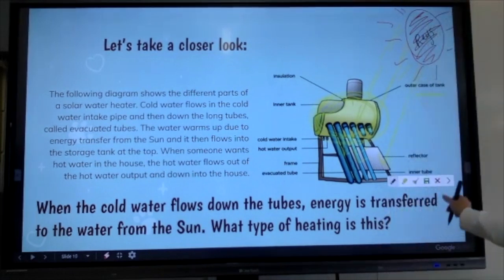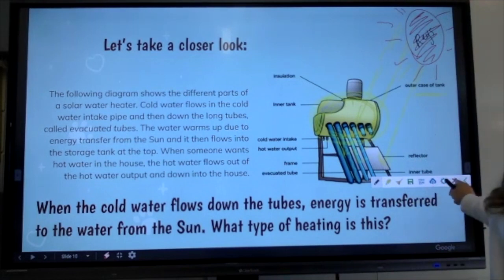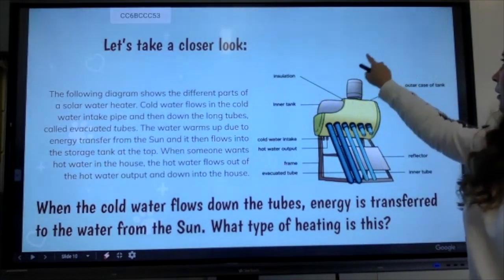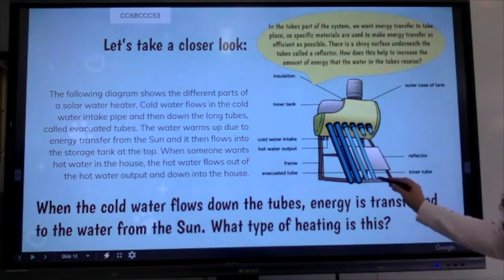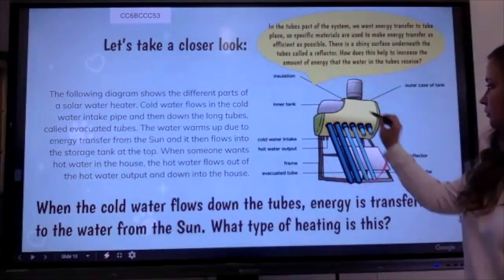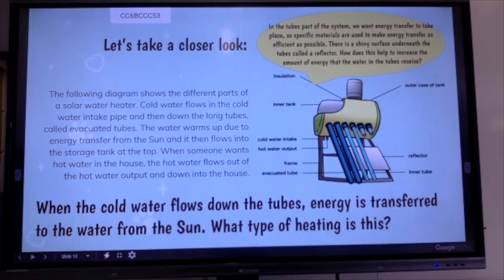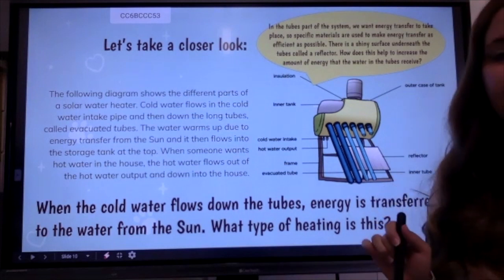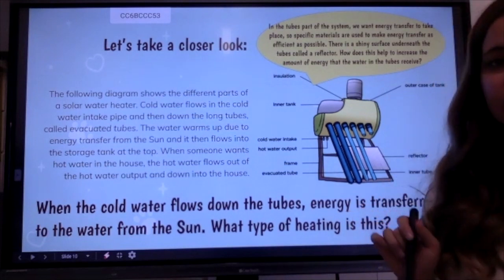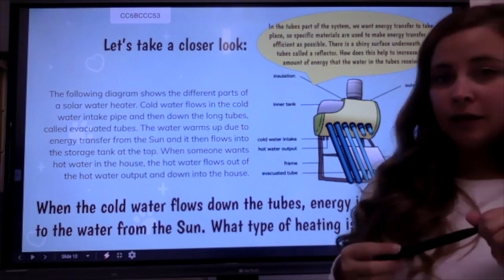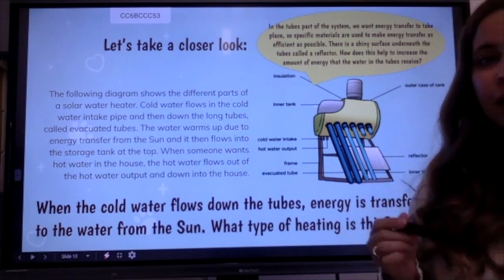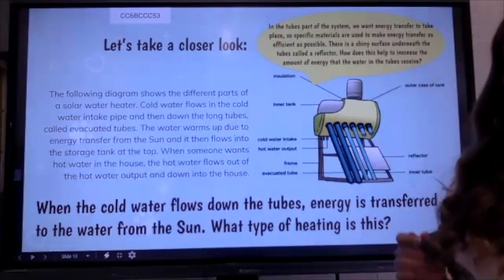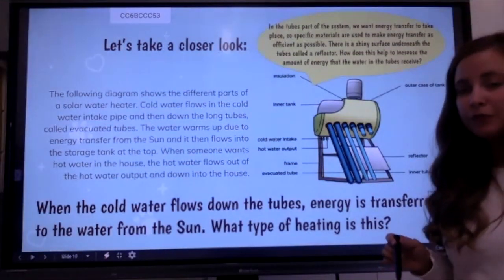Excellent job. Now, my next question for you all is, in the tubes part of the system here, we want energy transfer to take place. So specific materials are used to make energy transfer as efficient as possible. There is a shiny surface underneath the tubes called a reflector. How does the reflector help to increase the amount of energy that the water in the tubes receives?